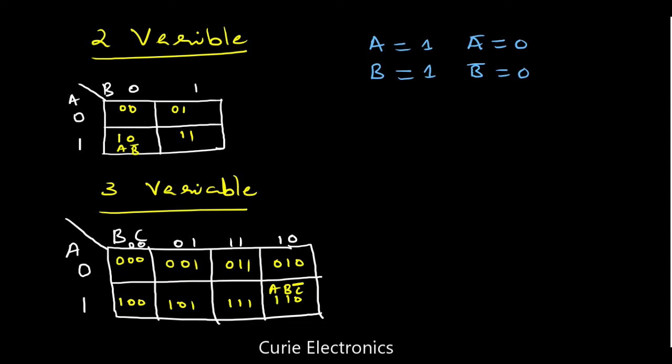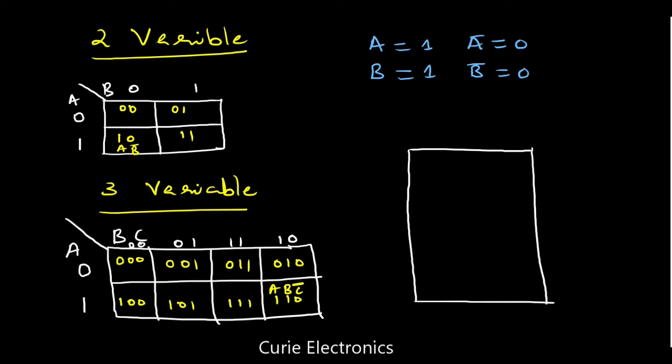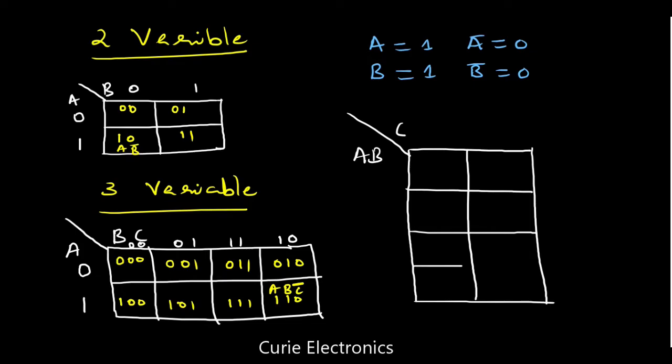This 3 variable K-map, we can draw in another way also. So here A, B and C will take it. AB can take 4 combinations, 4 values: 0 0, 0 1, 1 1, 1 0.